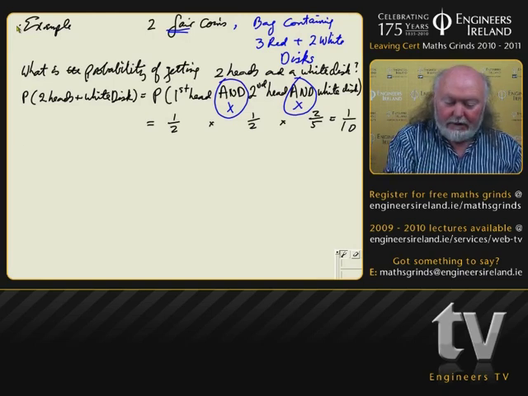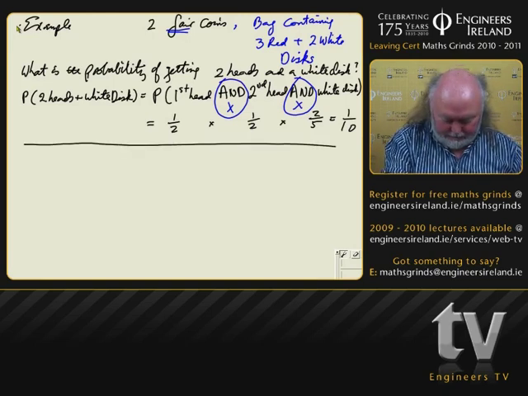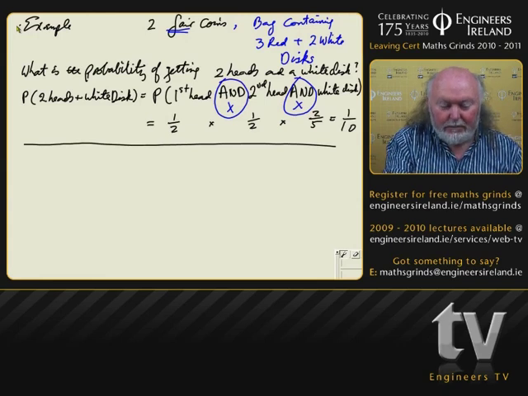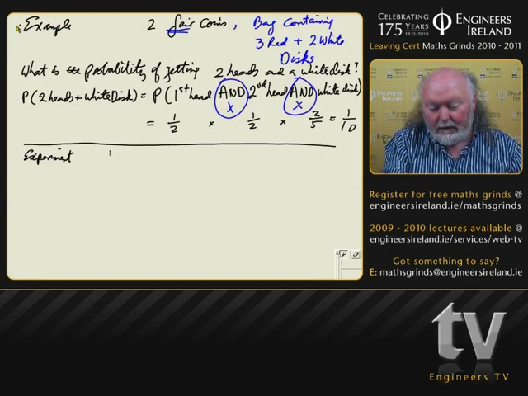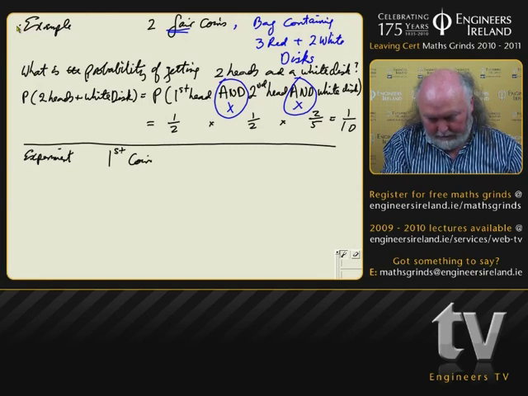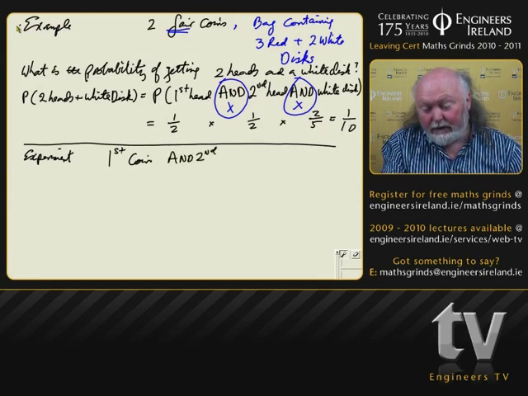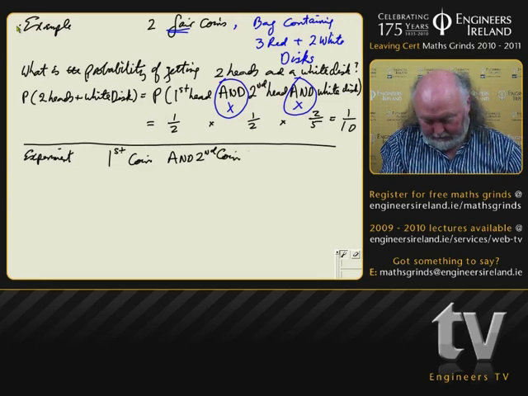What's the alternative method? We're setting up an experiment. First coin and second coin and a disc.